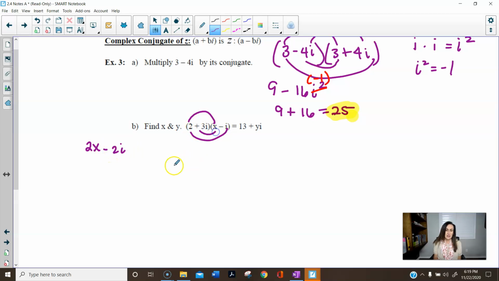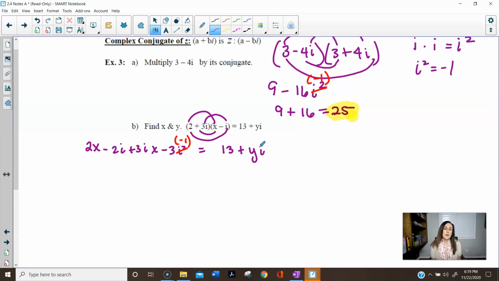We're going to do inner, which is plus 3ix. And then last times last is a negative 3, and i times i is i squared. And again, i squared means multiply by a negative 1. That's going to equal 13, which is the real part, plus yi, which is the imaginary part.